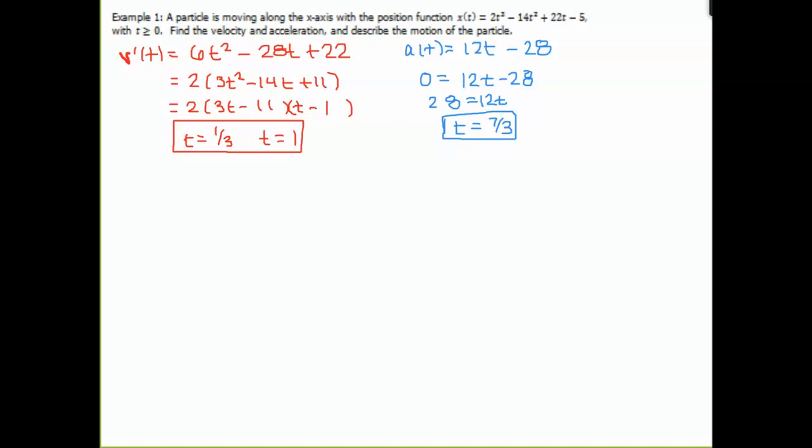So now we're going to look at sign charts. Remember, we can't go beyond 0. Sorry, 11/3. Oh man, missed my one.